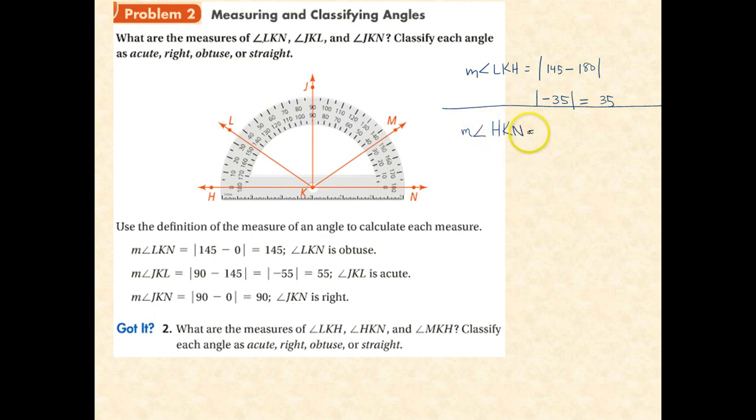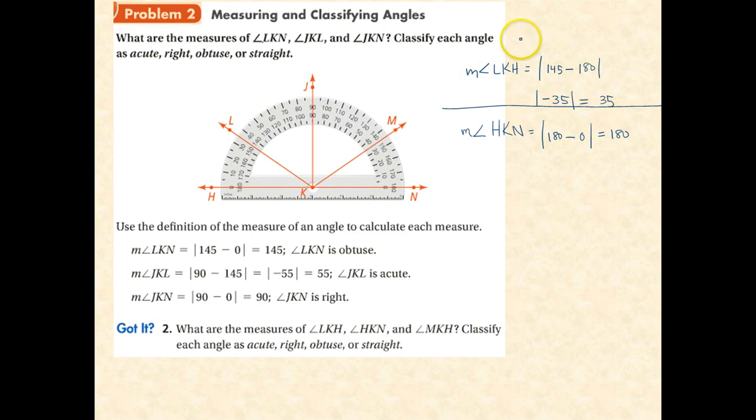Okay. The measure of angle HKN is the absolute value of 180 minus N, which is over here 0. That's 180. I forgot to classify angle LKH.